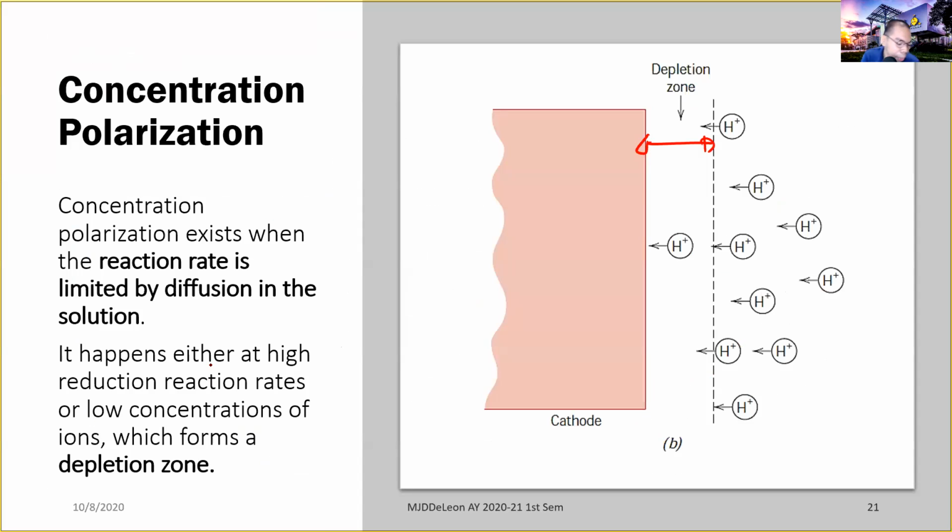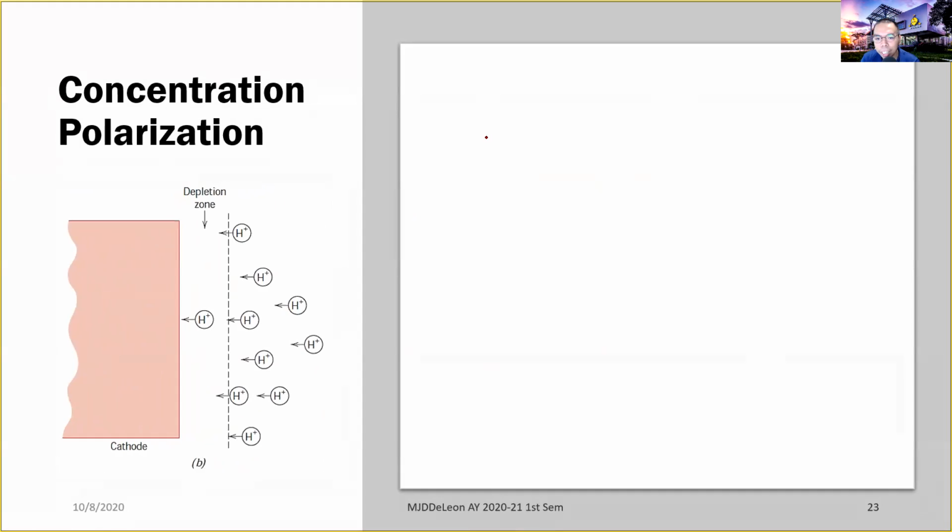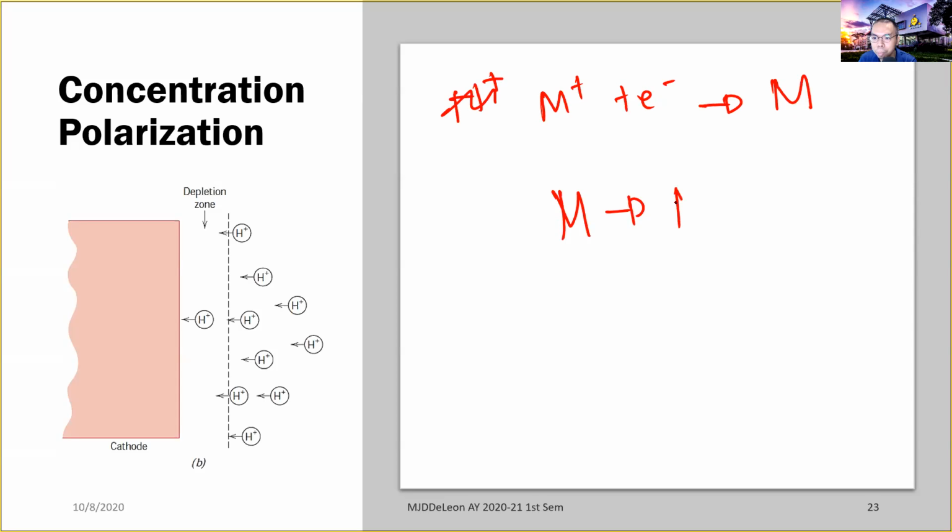Okay. It has something to do with the mechanism of the reactions. So, recall natin yung ating clue. Ang ating reduction is, H plus, let's say, M plus e minus to M. Oxidation mo is the reverse: M to M plus e minus.